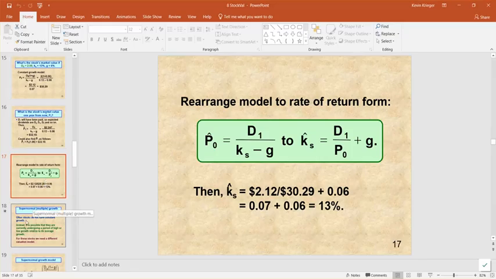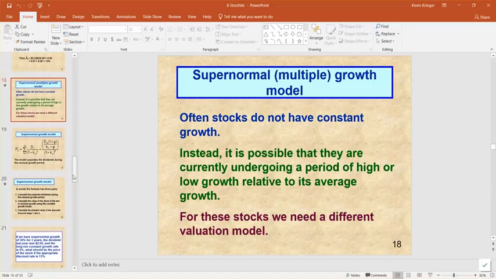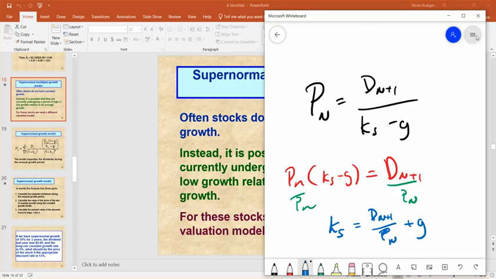We have some problems you can do that have a lot more work to them. And one example would be the supernormal growth model. The supernormal growth dividend situation is one where the dividends of the stock don't have a g at the start. They only get a g later.